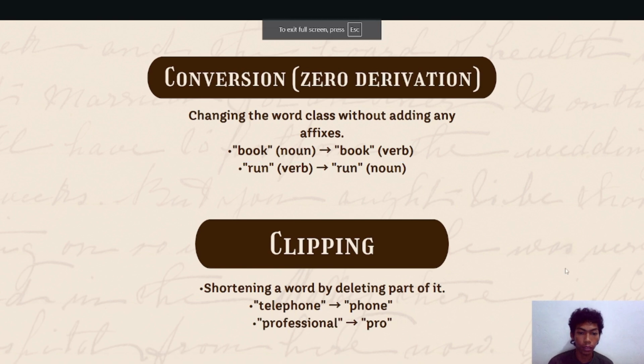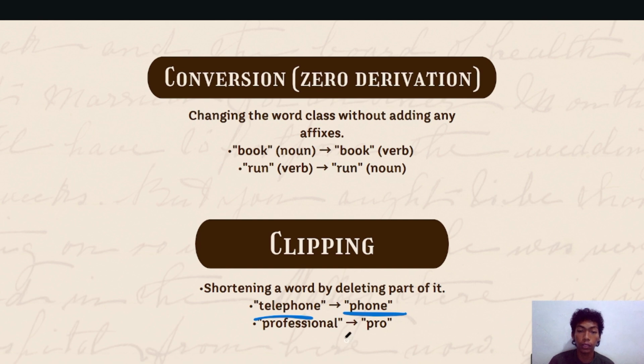Okay, the next material is clipping. Clipping is basically shortening a word by deleting part of it. For example, telephone. For now, most people call that thing just a phone, not telephone.